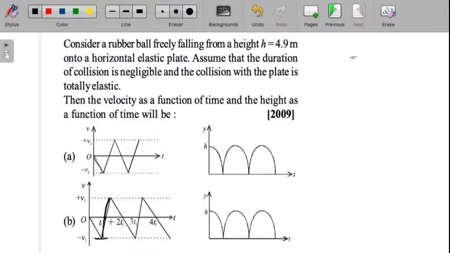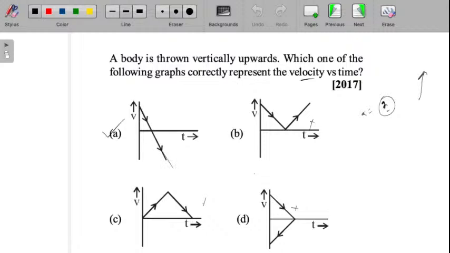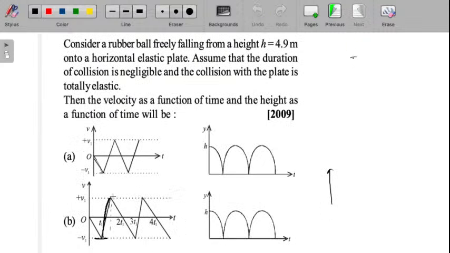Because the duration of collision is very, very small, it immediately becomes negative and it starts to go up. So therefore the velocity would be positive and the velocity which is upward starts reducing. So it's almost like the graph that we have seen here, that the velocity has to reduce. So for the next portion of the time, the velocity reduces until the time it goes to the maximum height and comes back and hits the ground.